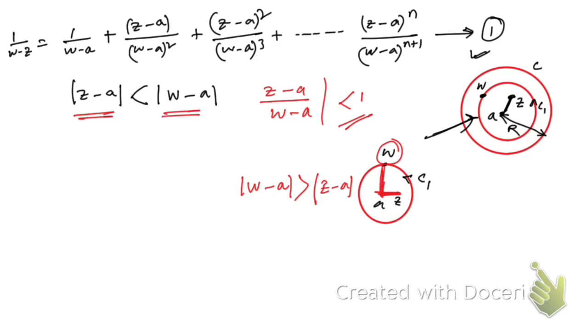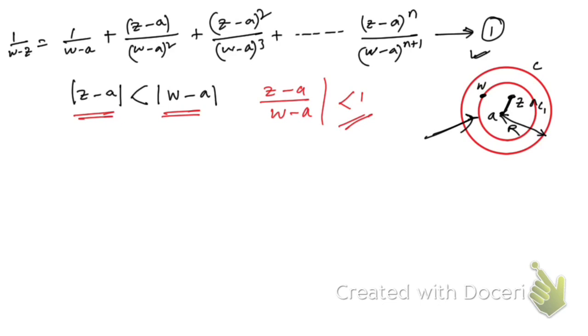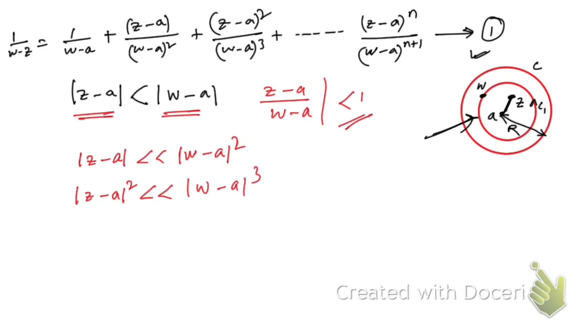So hope you have understood this. And if so, then z minus a is going to be much smaller than w minus a whole square. Similarly, z minus a whole square is going to be much less than w minus a whole cube, right? Because you can see that mod of z minus a by w minus a is already less than 1, so if you take the higher powers, it's going to be even smaller.